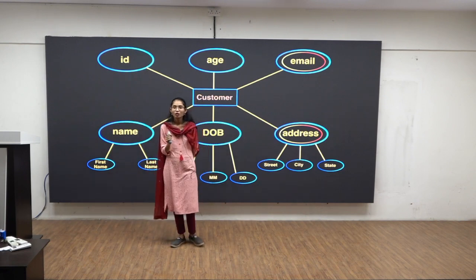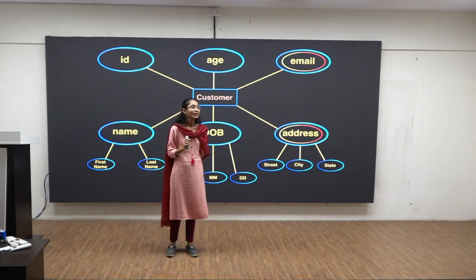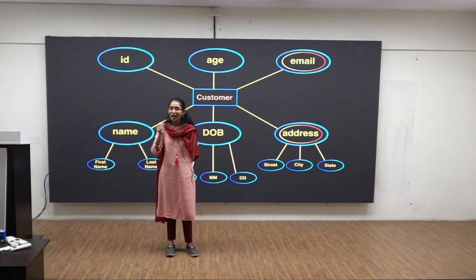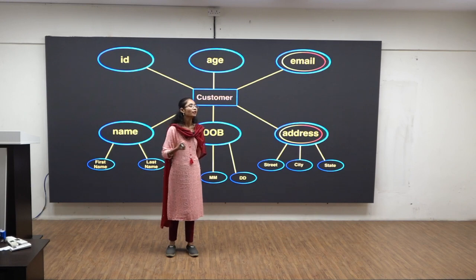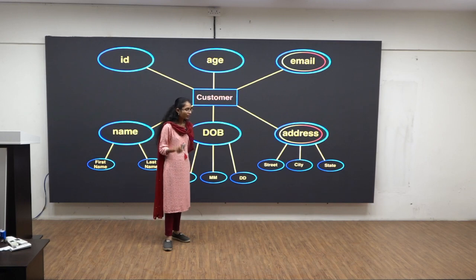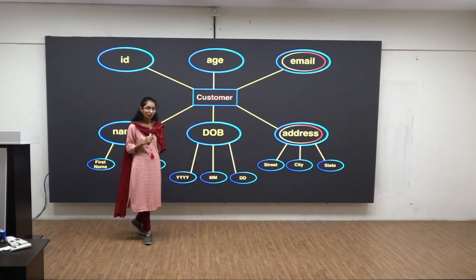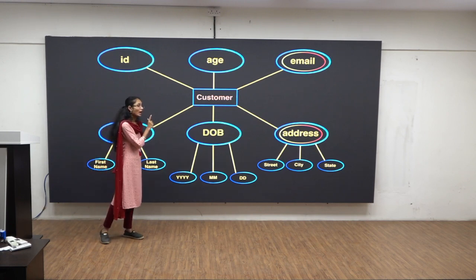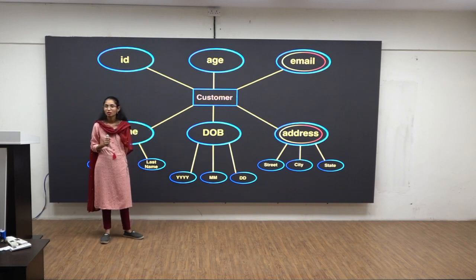And attributes which contain a single value are called single valued attributes. And attributes which can contain more than one value, we call multi-valued attributes. If you see the representation here, for the single valued attribute, the representation will be an ellipse only. But for the multi-valued attribute, the representation is a double ellipse.